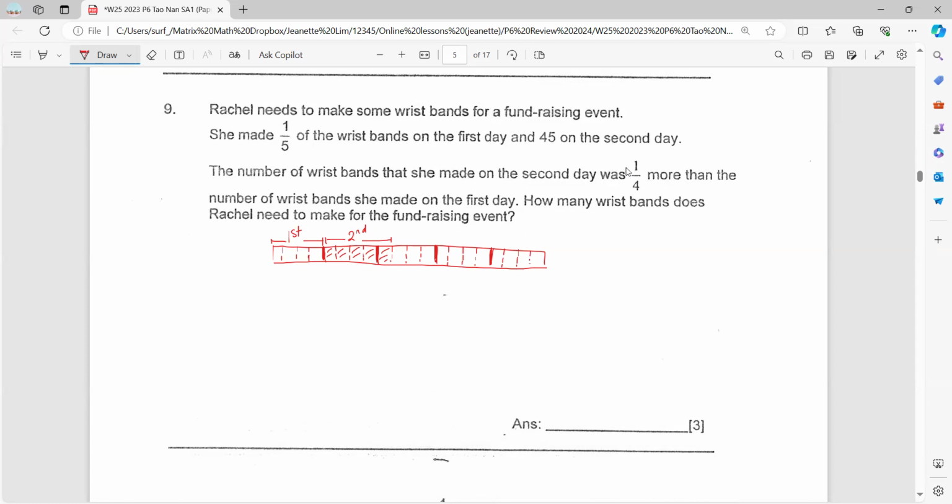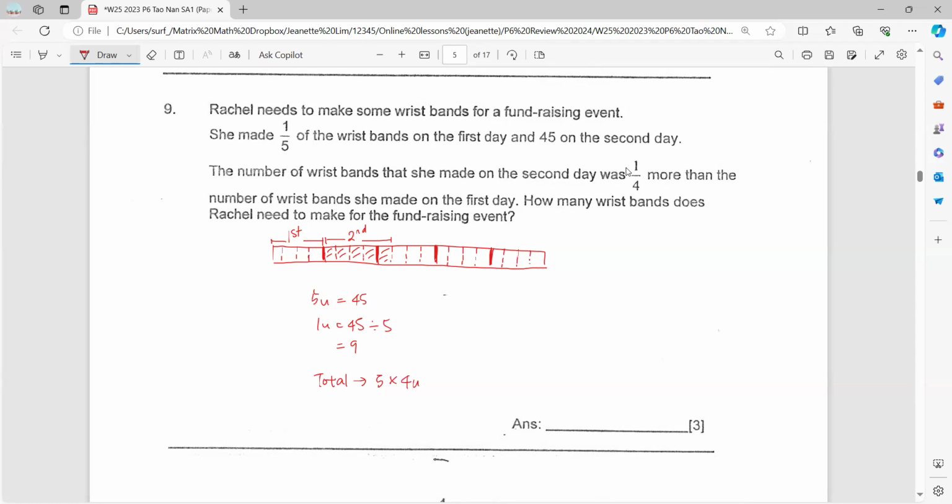With that, can you see what's 45? 45 is actually 5 units. So 1 unit is 9. How many does she need to make, which is the total? Now, we started with 5 big units, right? So 5 times 4u.